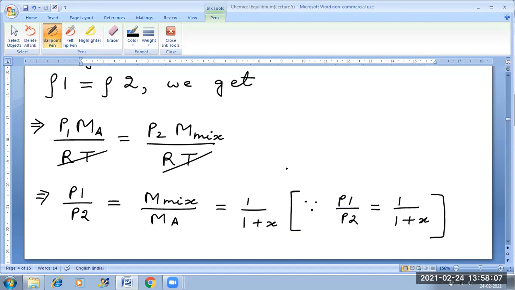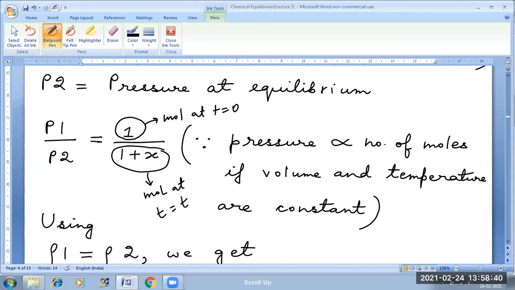So I'm rearranging this, I'll get this. So P1 upon P2 is equal to M mix by MA. Also that is equal to 1 by 1 plus x. Why? Because here we said P1 upon P2 is equal to 1 upon 1 plus x.